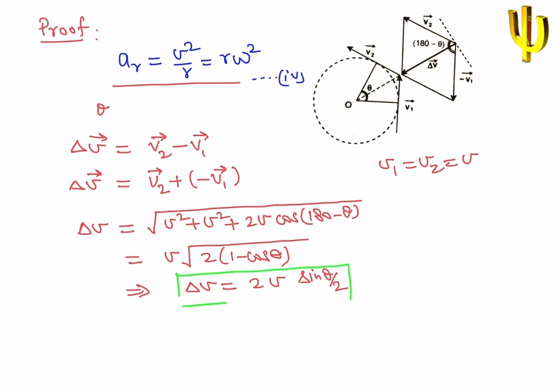So this is the change in the velocity. Now this change in velocity is directed along the radius towards the center.